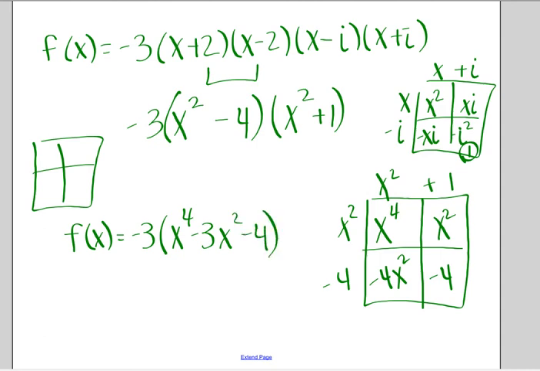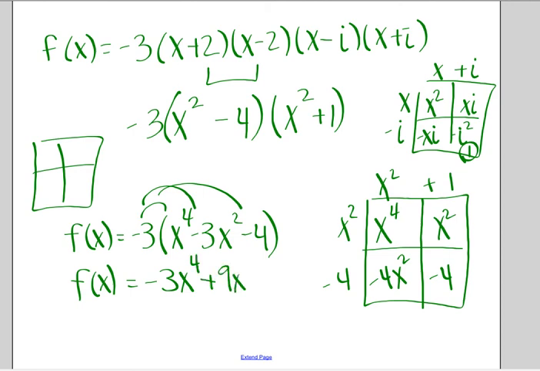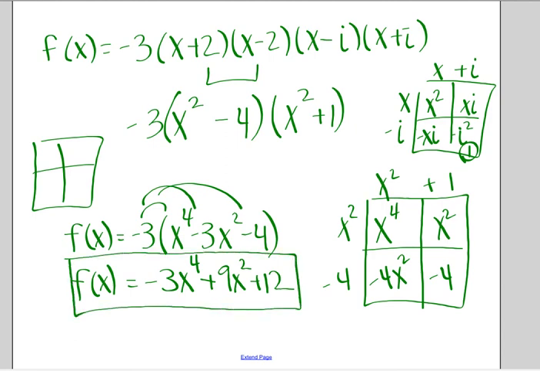And the final piece of this puzzle then will be to distribute the negative 3. So we get negative 3x to the 4th, positive 9x squared plus 12. That would be my final polynomial with those roots in which f of 3 equals negative 150.